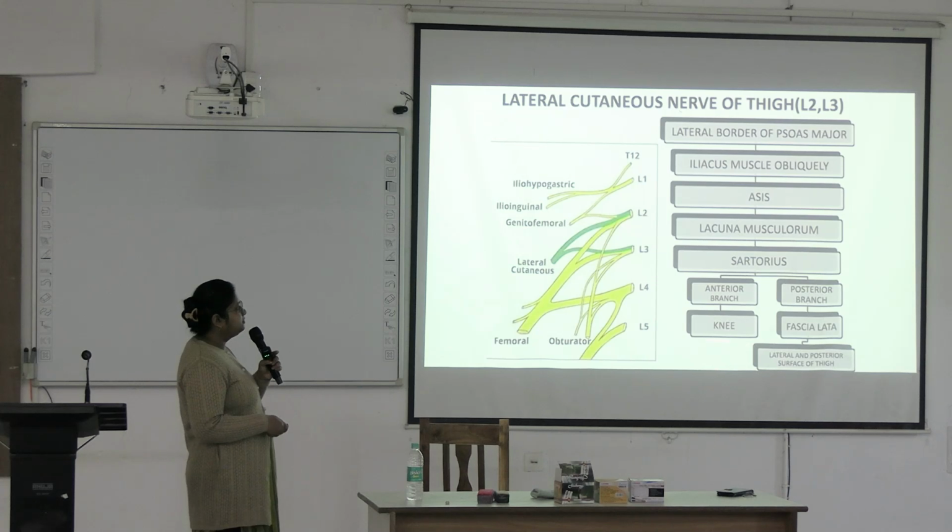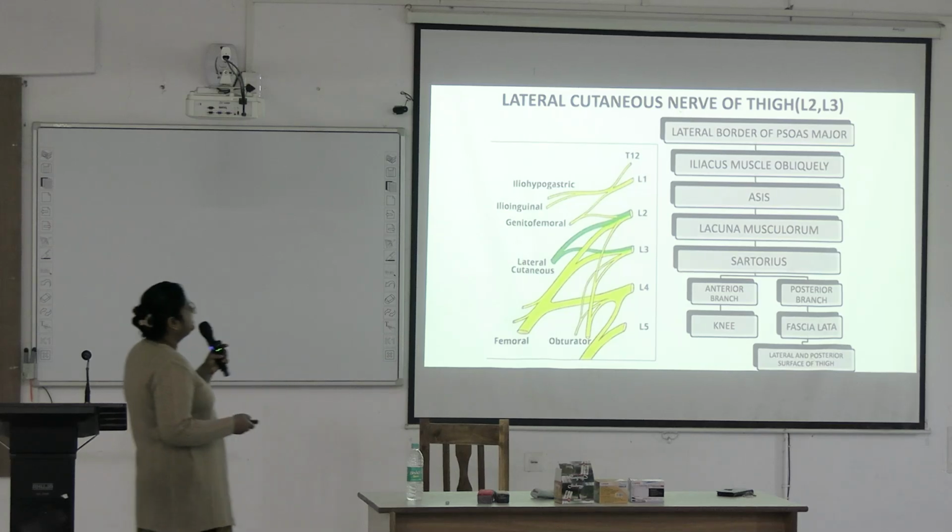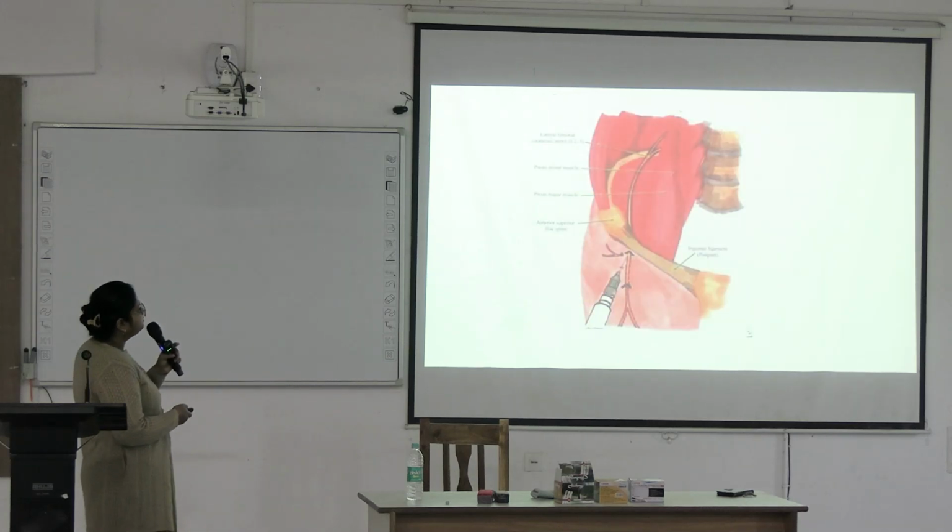Anterior branch goes towards the knee joint, posterior branch supplies the fascia lata and supplies the lateral and posterior surface of the thigh. Okay, so this is the supplying area of the lateral cutaneous nerve of thigh.